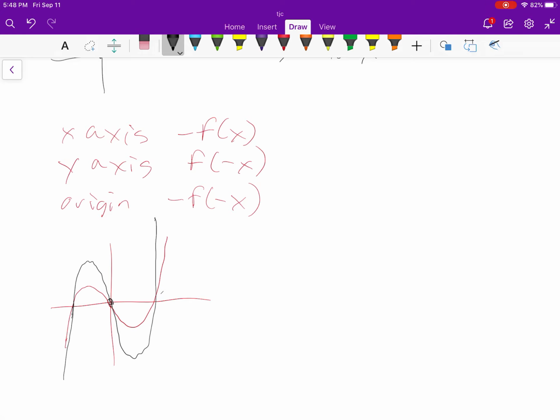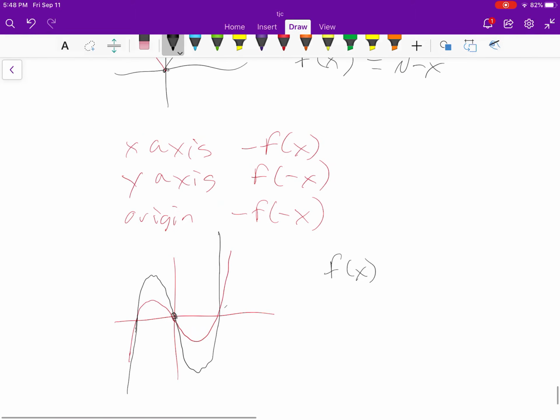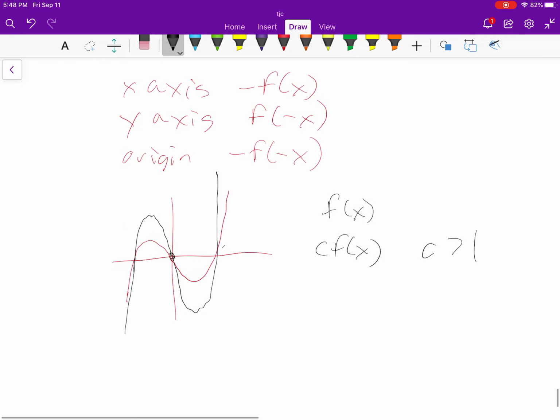Well then, this is called vertical stretching, and all we do then is we take the original f function and we multiply it by some c, where c is greater than 1. So c f of x will be a vertical stretching if c is greater than 1, and a vertical shrinking if c is between 0 and 1.